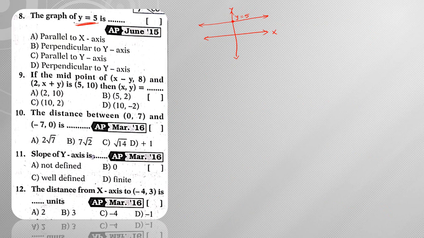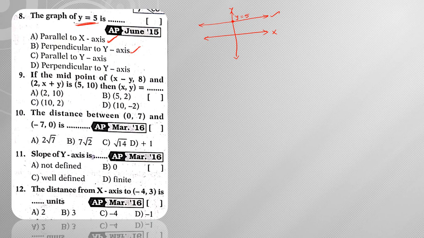If you observe clearly, this is parallel to the x-axis, right? So you can say it is parallel to the x-axis, or you can say it is perpendicular to the y-axis also. So that means both these options will come for this question. So y is equal to 5 means it is parallel to the x-axis as well as perpendicular to the y-axis.